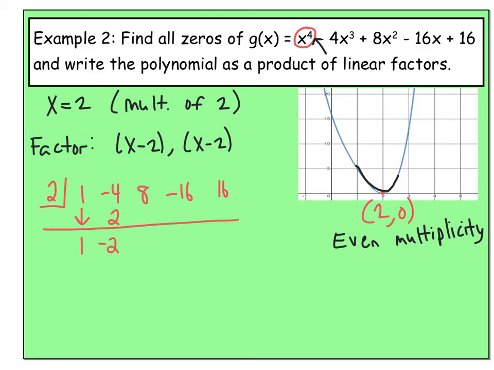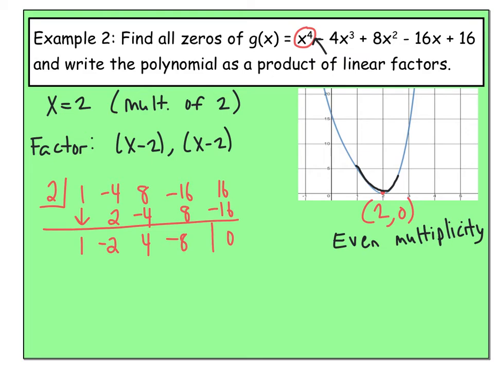Negative 2 times 2 is negative 4. Then 4, 8, negative 8, negative 16. And we do get a 0 here. So when we divide by x minus 2 once, we're getting 1x cubed minus 2x squared plus 4x minus 8.